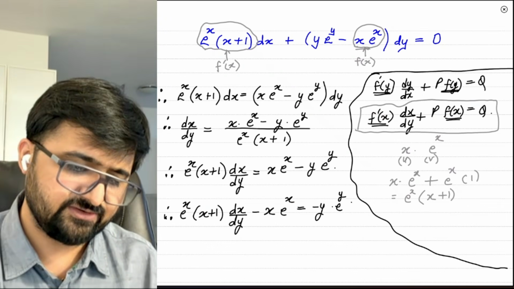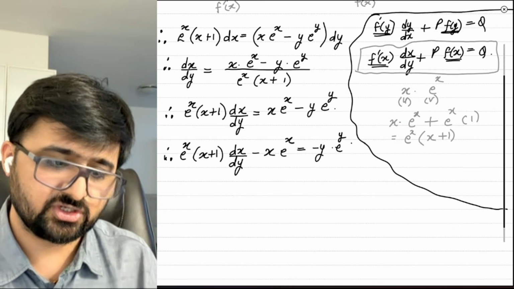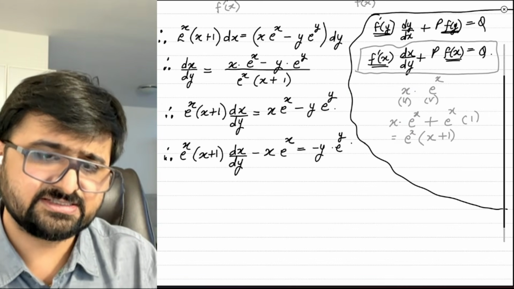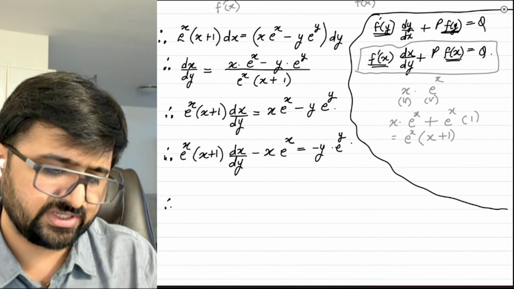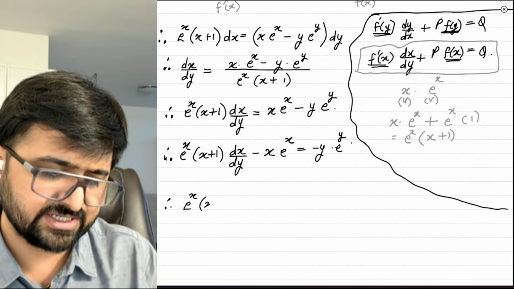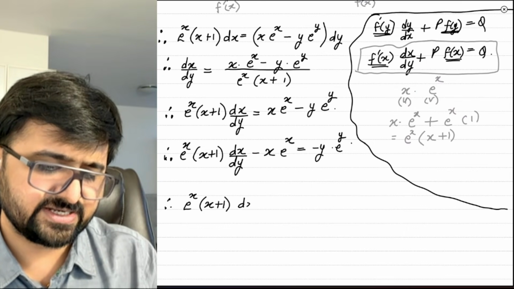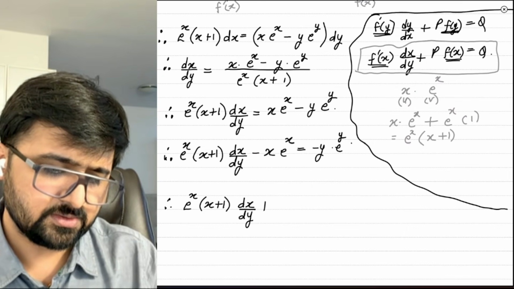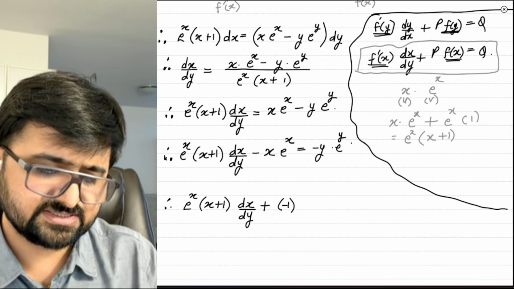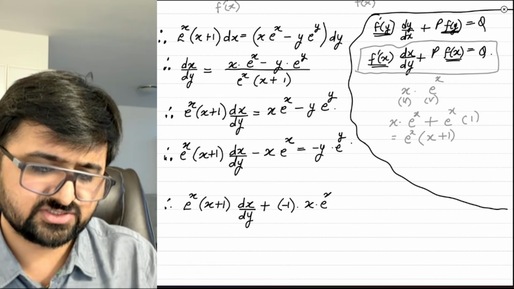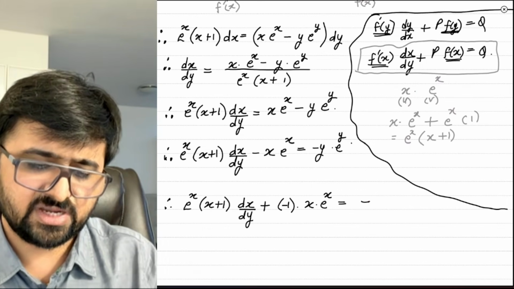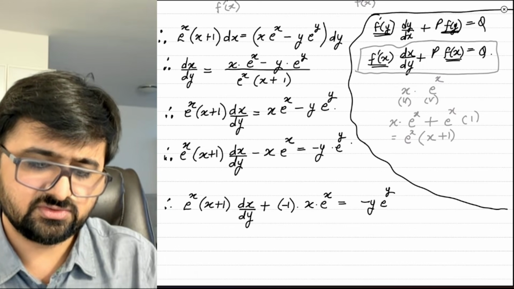In order to solve this, remember that if there is a plus here, you can actually make it look exactly like this just by doing this: dx by dy plus minus 1 into x into e raised to x is equal to minus y into e raised to y.